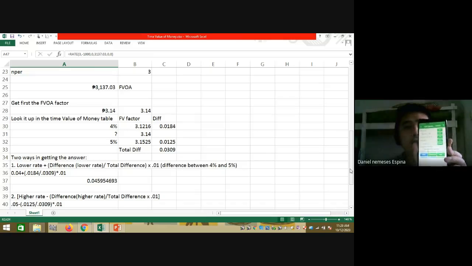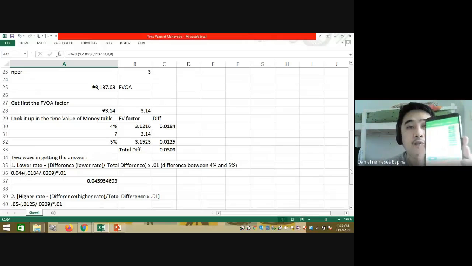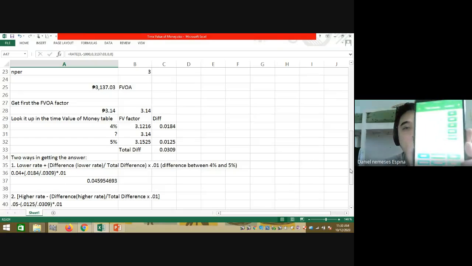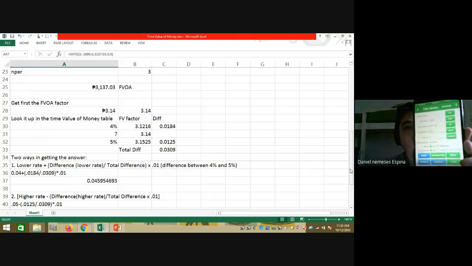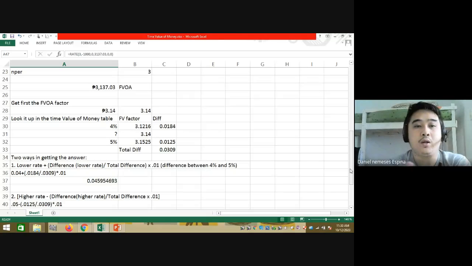So I hope you can see that. If I click the rate on the right side, it will give you the answer. That's 4.50%. Okay? So it's more convenient.